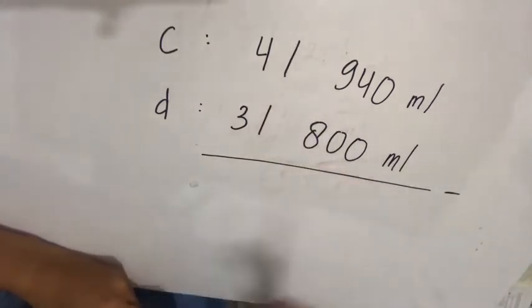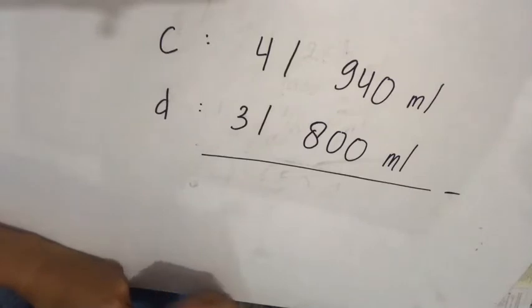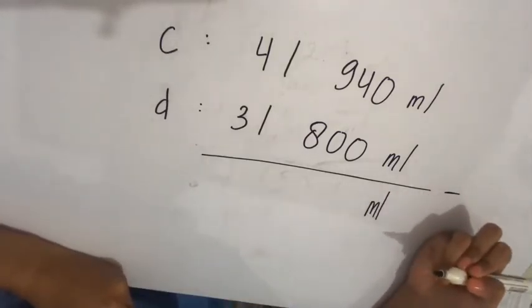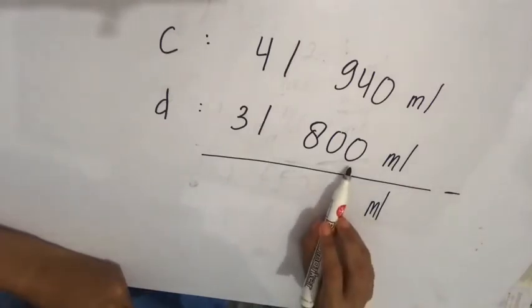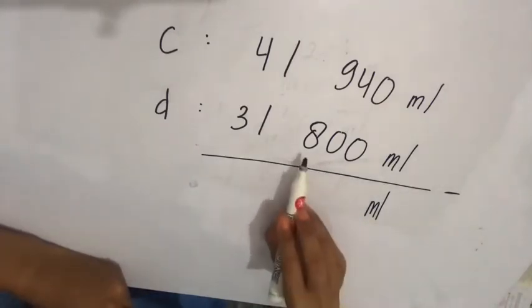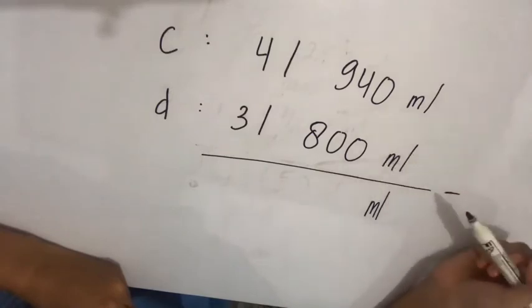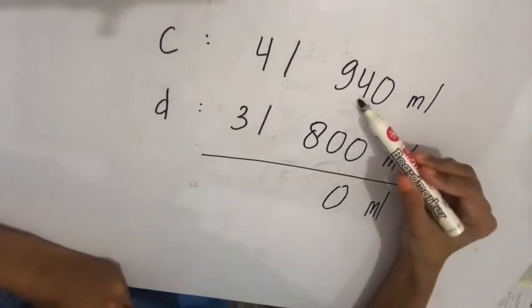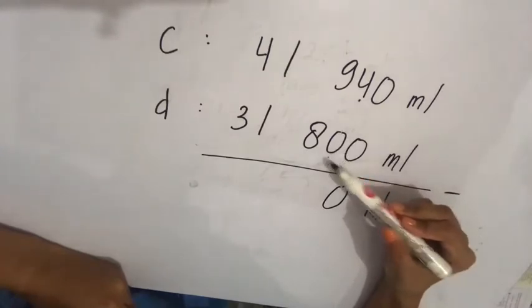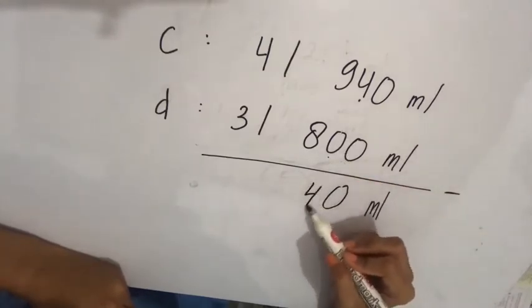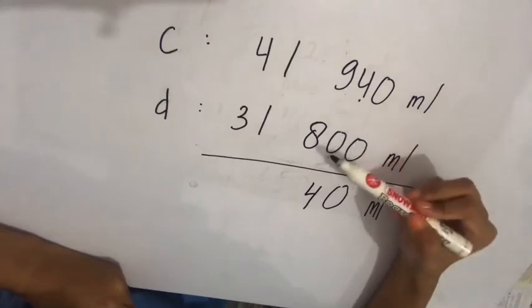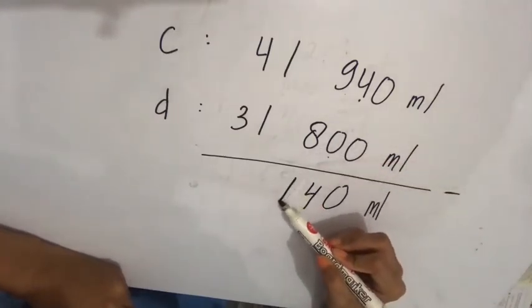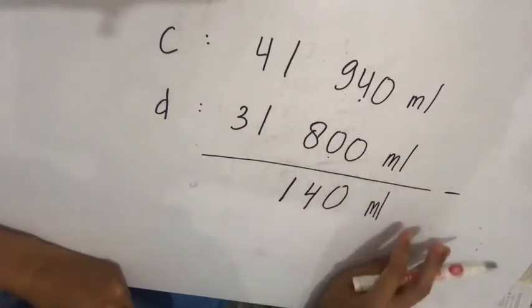Let's start from the first step, subtracting the milliliters. Remember to write down the symbol, and then we start from the units, the tens and hundreds. 0 subtracted by 0 is 0. 4 subtracted by 0 is 4. 9 subtracted by 8 equals 1. Now we are done with the milliliters.